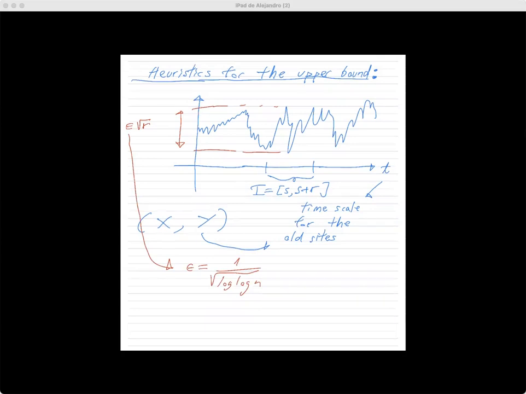What you do in the end is that you show that there are very few points in the time scale of the second coordinate which are not contained in what I define as a slow interval. So this would be a slow interval. There are very few points which are not contained in the slow interval, few enough to give a good bound for the range at those points.